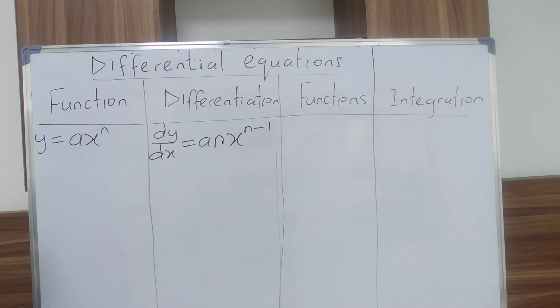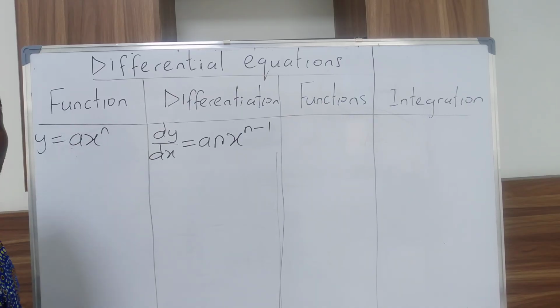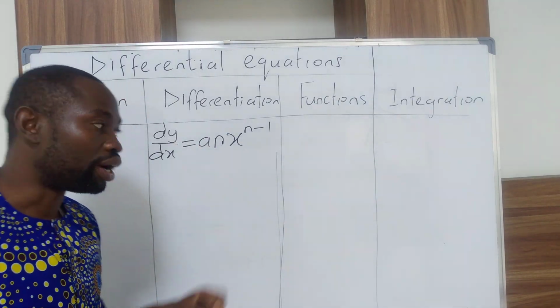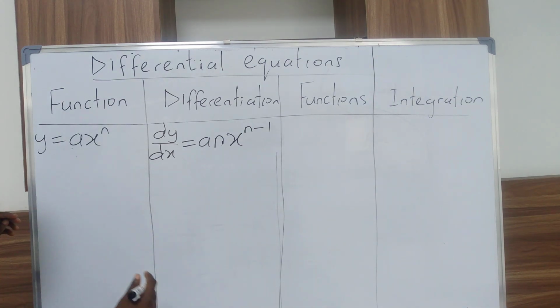So if you differentiate ax raised to power n, we get an x raised to power n minus 1. And of course, you know the rest.